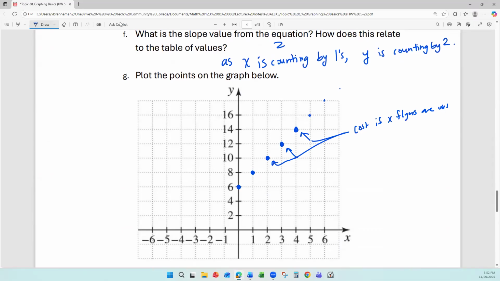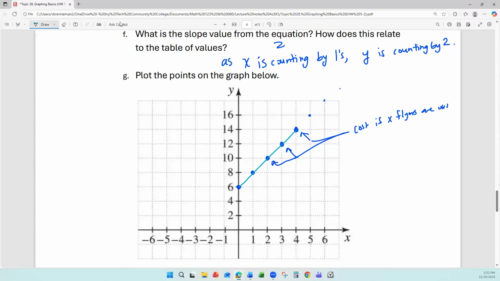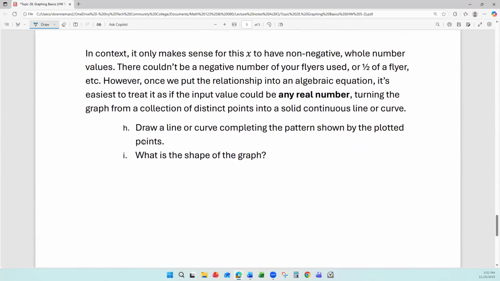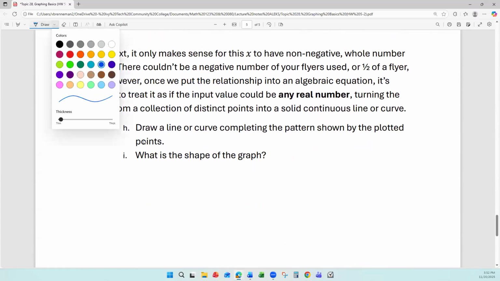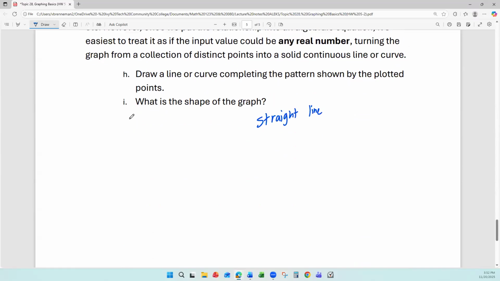But if we go ahead and draw the line that these are creating, the line is y equals 2x plus 6, all the possibilities for that. So this is a straight line, as is the case for the graph of any linear equation.